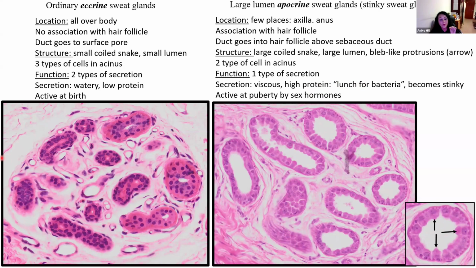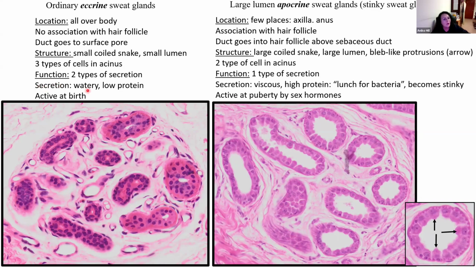But again, observe, both of them are made out of simple cuboid or kind of simple columnar epithelium, which is the typical. And this is where all the exocytosis is going to occur, where the sweat is going to go into the lumen.